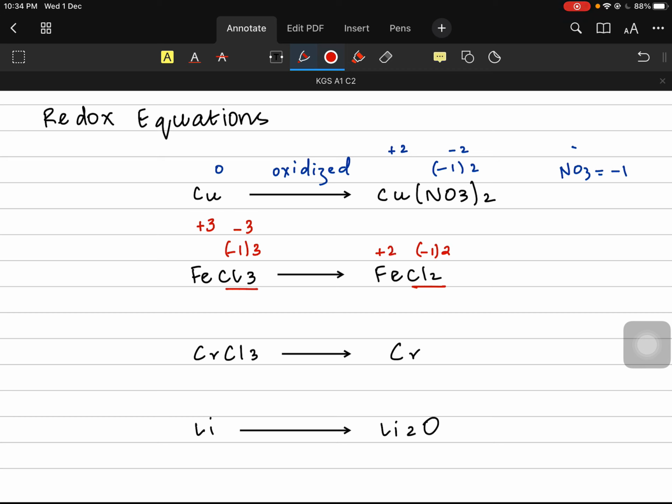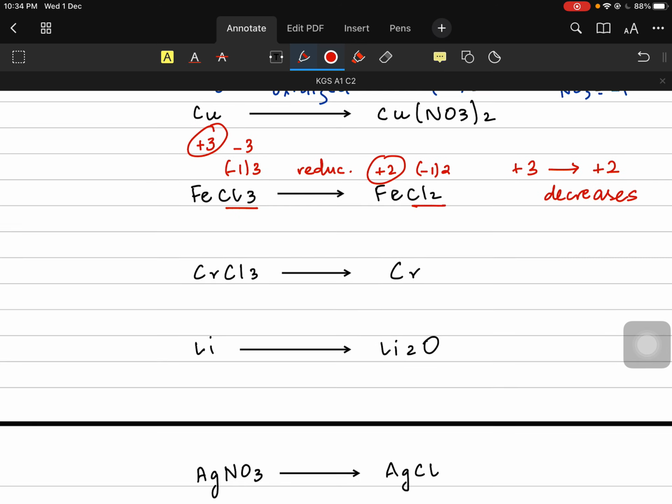So iron is changing from +3 in the beginning to +2 in the end. And that has to be a reduction process, because the oxidation number is decreasing. Whenever the oxidation number decreases, it is known as reduction, because electrons must be gained by it.